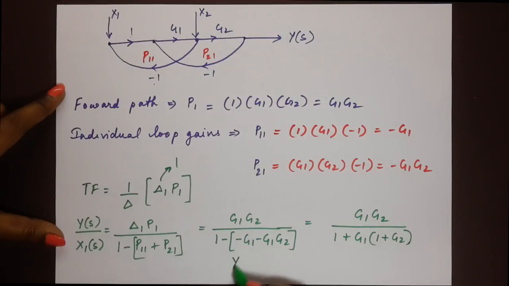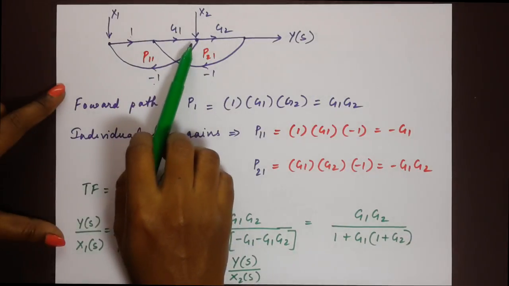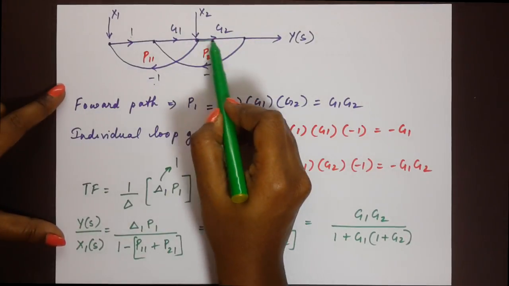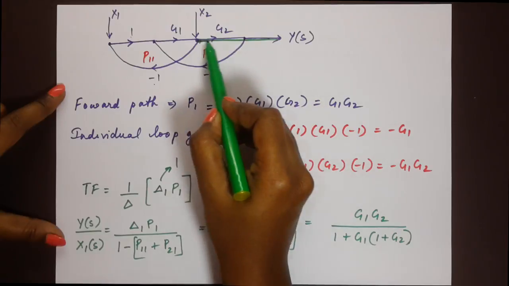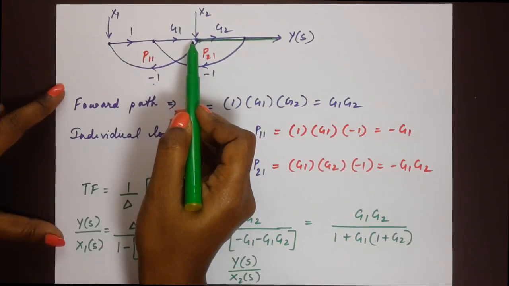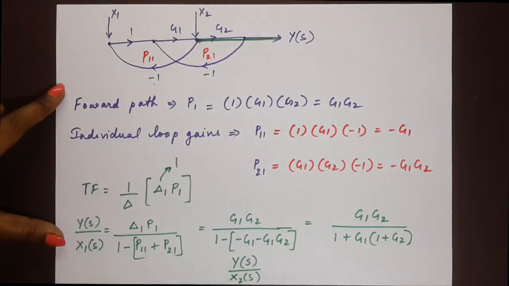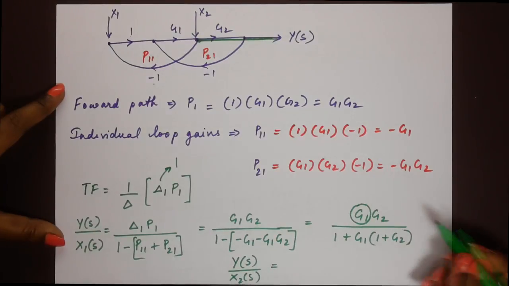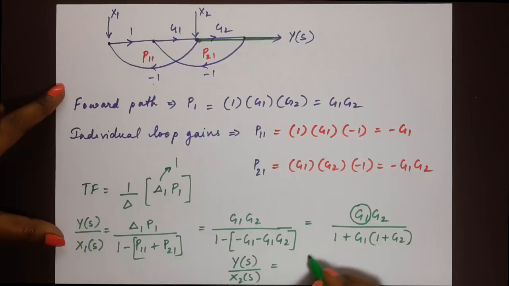Now, the question asks us for y of s divided by x2 of s. Now, x2 of s comes at this point here, which means our forward path is now this portion. The portion that is ahead of x2 is ignored, which now gives us G1 is ignored and we get G2 divided by 1 plus G1 into 1 plus G2.